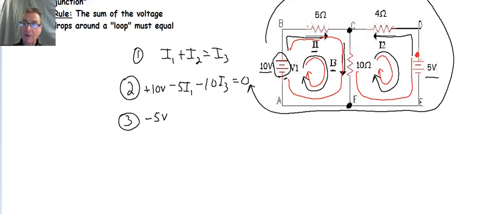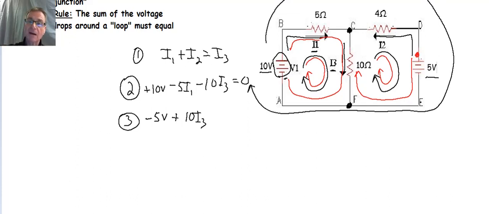What's the direction of my analysis? It's in the upward direction. If the analysis direction is opposite to the guessed current flow, then it is a voltage rise. So this is going to be plus 10 I3.